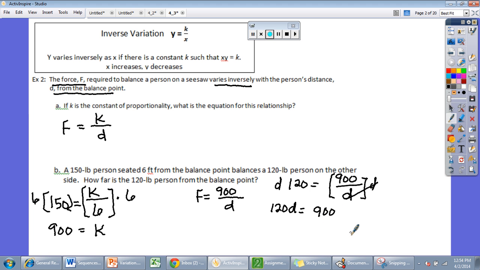These cancel out, and now we can divide by 120. And that gives us our distance here is 15 over 2. In terms of a problem, we probably want to know that it's 7.5 feet.